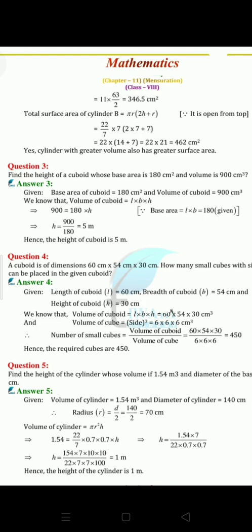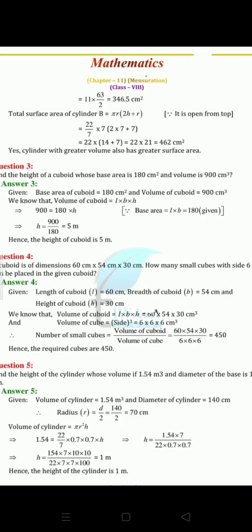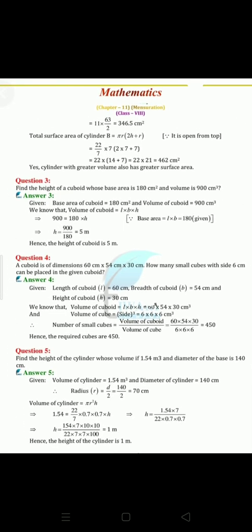Now third one, children, the height of a cuboid we have to find out, and base area is given and volume is given. Now children, base area means what? It is length multiplied by breadth, called base area. I have given you two formulas for the volume of a cuboid, correct?